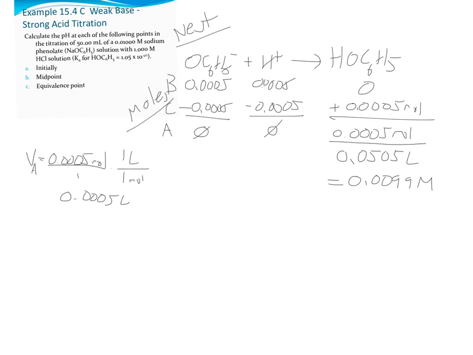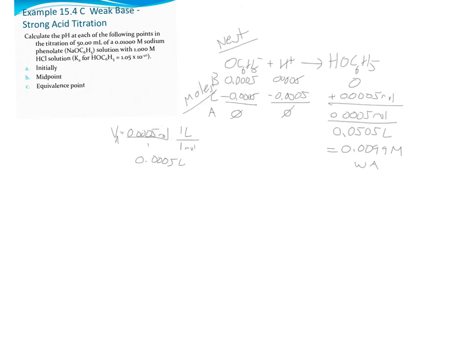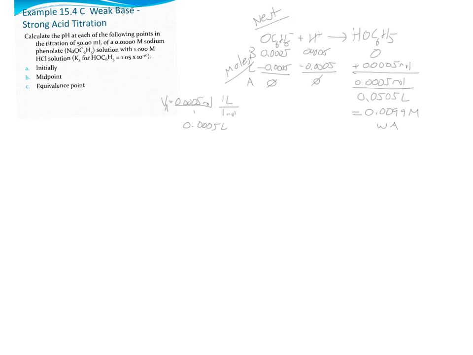Okay, so we don't have anything left on our reactant side, and at the end of the problem we have a product that is a weak acid all by itself. So to solve for the pH, we need to do a weak acid problem with our new molarity. So we have our weak acid, HOC6H5, dissociating into H plus and OC6H5 minus, 0.0099.